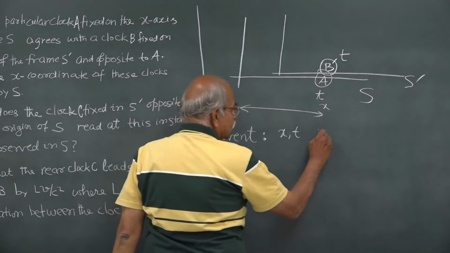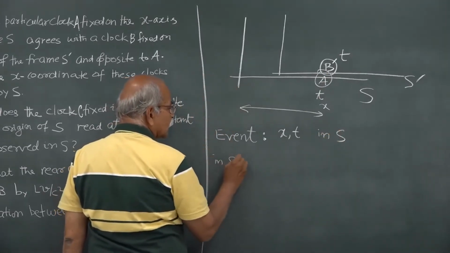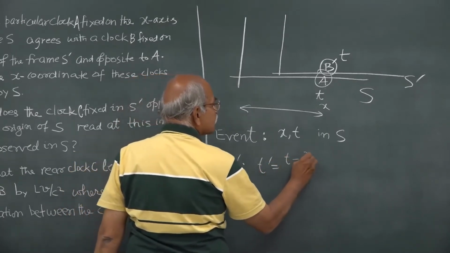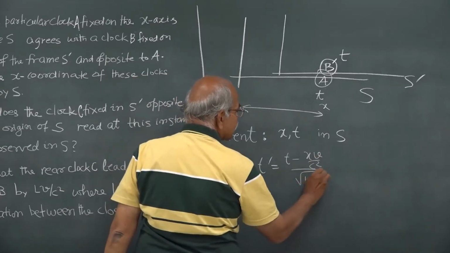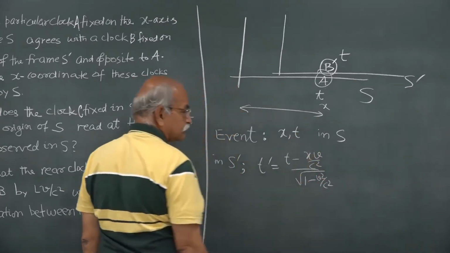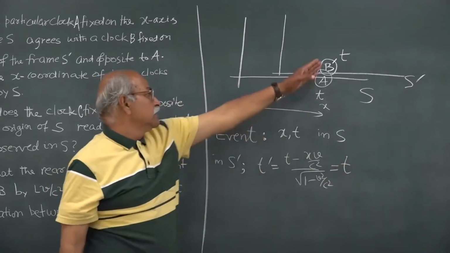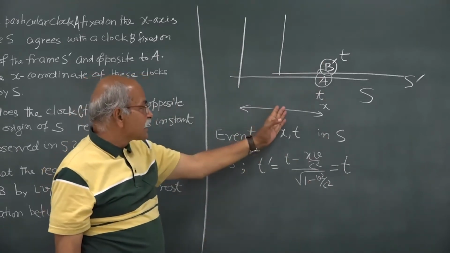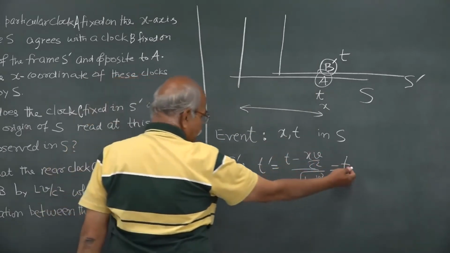So this is in S, and therefore in S prime, for the same event, t prime should be equal to t minus x v by c square, and then square root 1 minus v square by c square in denominator, and this is equal to t. It agrees, these two clocks agree, and the question is, what is this x? How much is this x? So you can work it out from here.